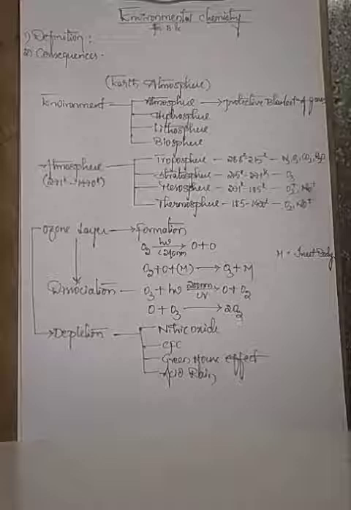That environment comprises air, water, soil, forest and climate. The study of various chemical phenomena taking place in the environment and their impact on life is called environmental chemistry. And what are the consequences?